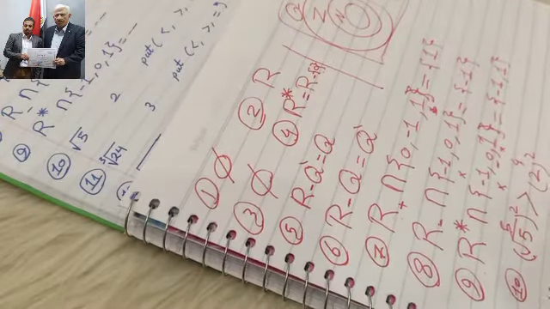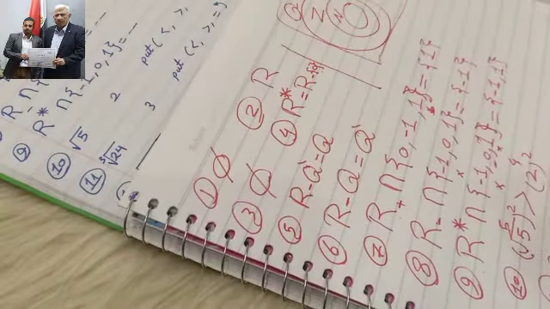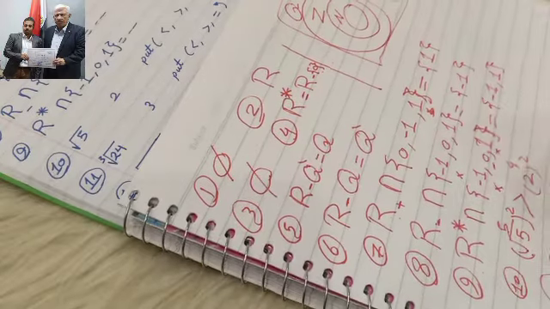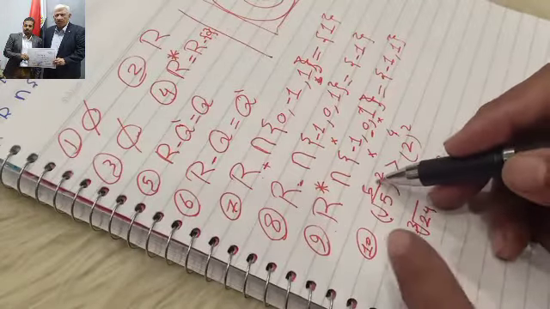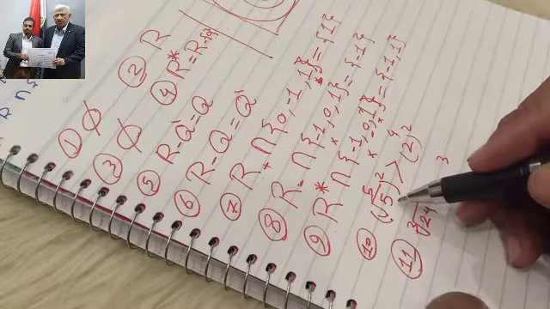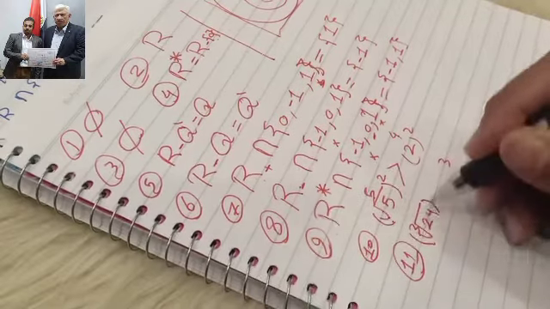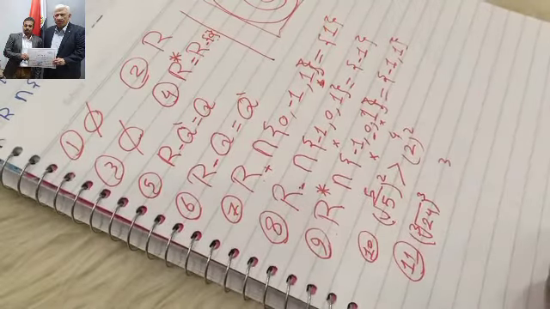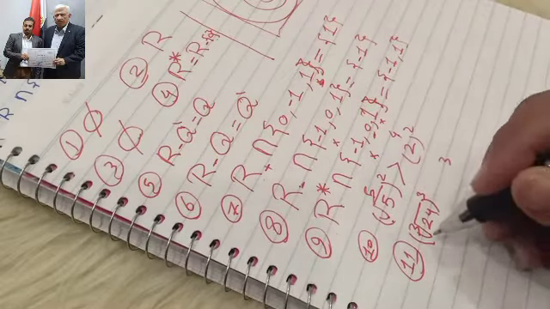Number 11: the cube root of 24 and 3. Put the square root to the power of 2 and the cube root to the power of 3.